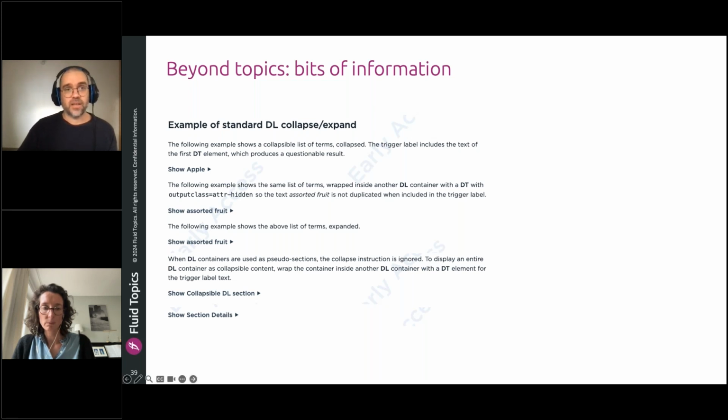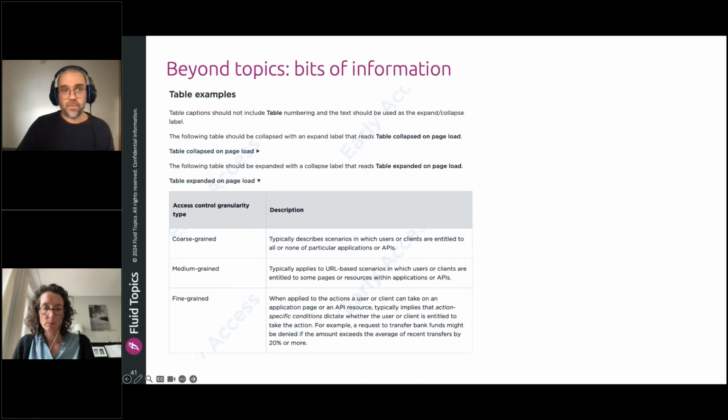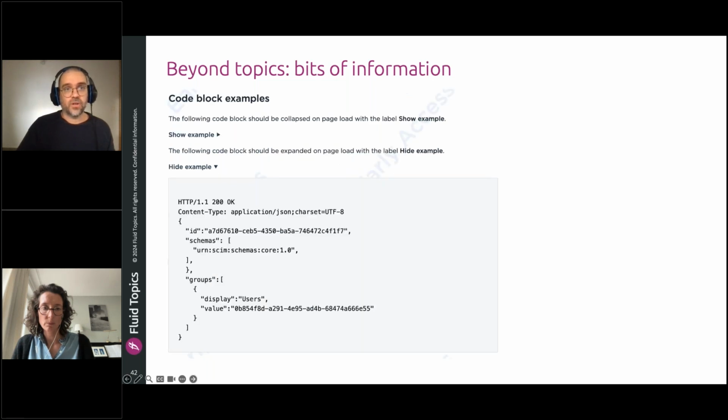As you can see here, we have show Apple, show collapsible DL section, show section details, and all of them are based on the definition terms. So we cannot rely on a generic feature. We need to customize it. We have a table, and the strings that are used for the label are different also. And here for the code block examples, it's the same.